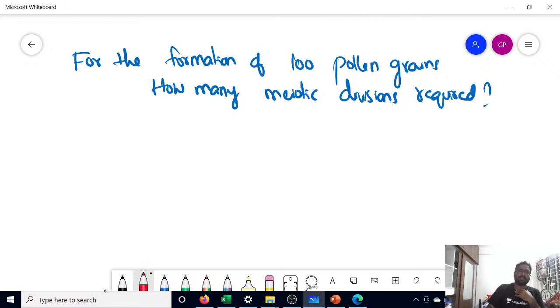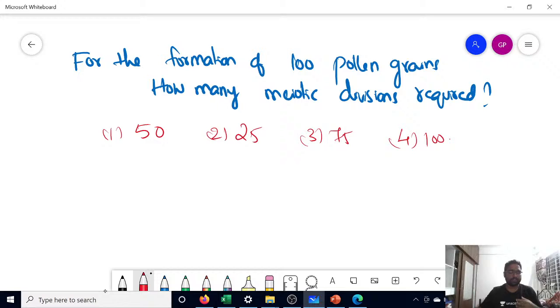Guys, you need options, I'm going to give them now. First option is 50, second option is 25, third option is 75, and fourth option is 100. Post your answers in the comment box quick.